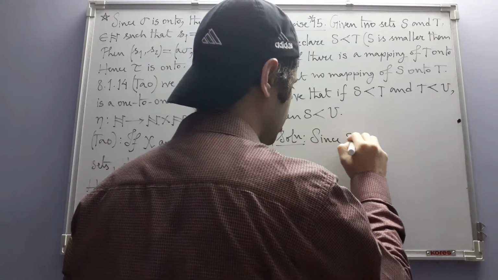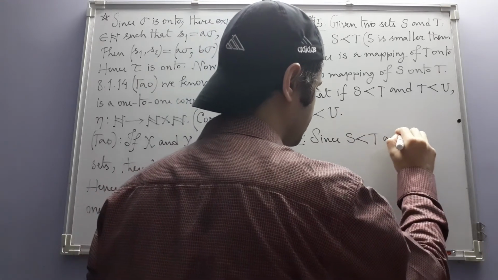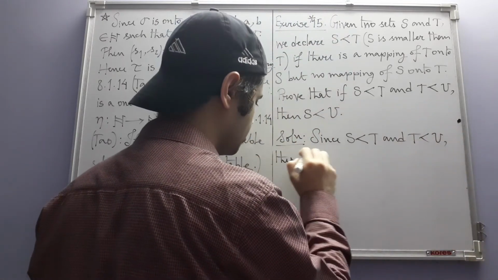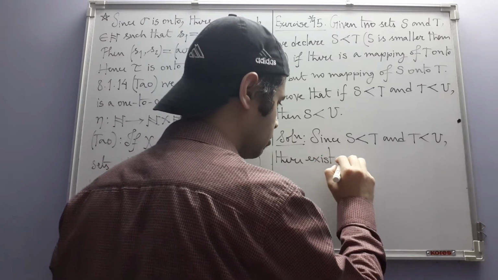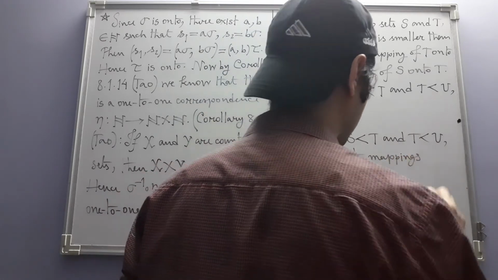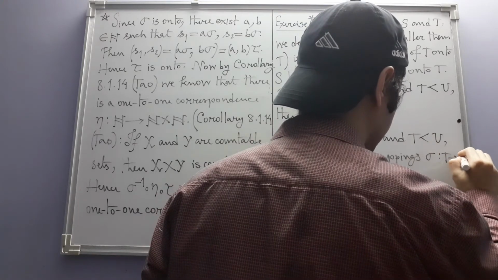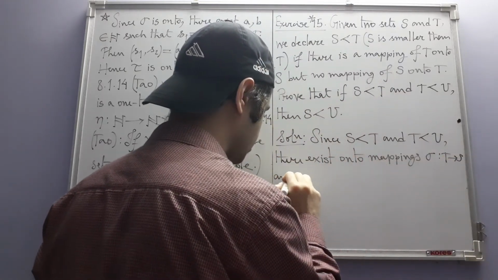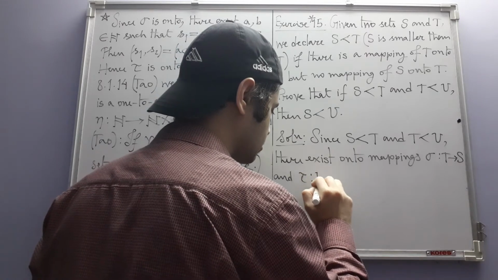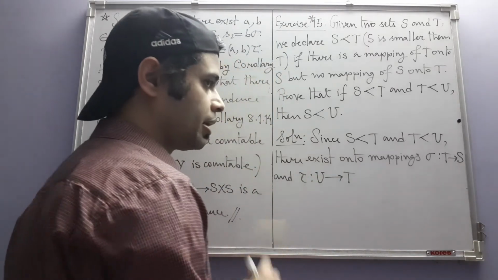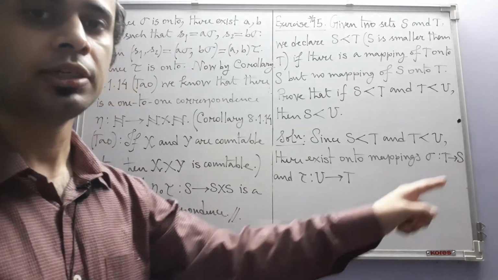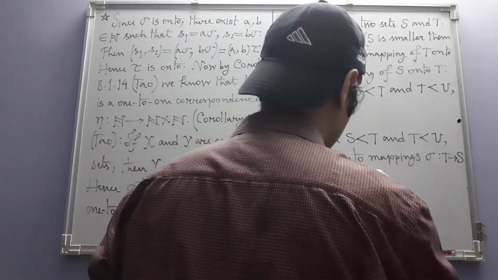Since S is smaller than T and T is smaller than U, there exist onto mappings sigma from T to S, and tau from U to T. But at the same time there is no onto mapping from S to T and no onto mapping from T to U. So we mention that also.